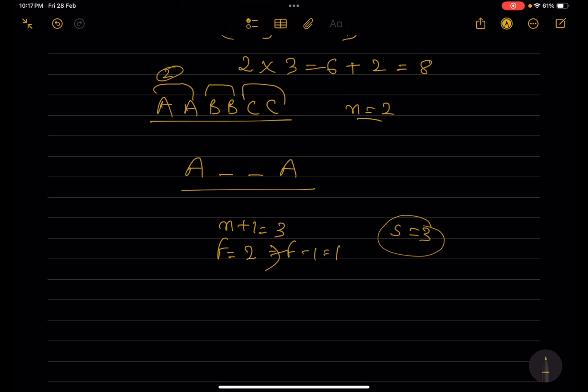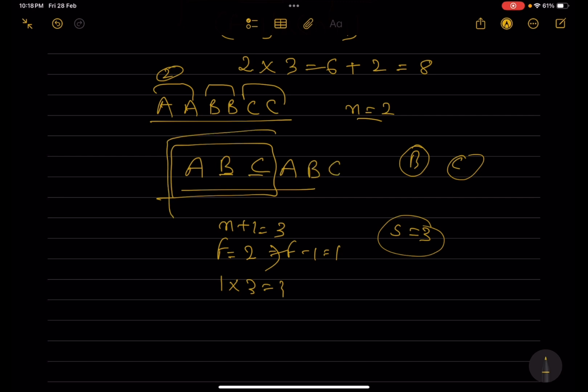Here 1 into 3 is equal to 3, that means till here it is fine, and we can place 1b here, 1c here to satisfy the conditions. Now we are remaining with 1b and 1c. We have to place them here.